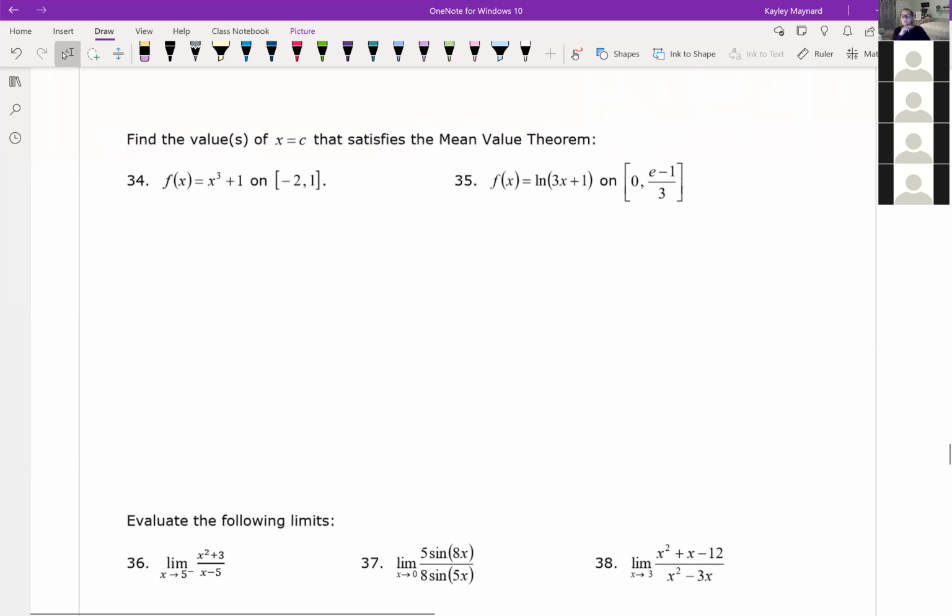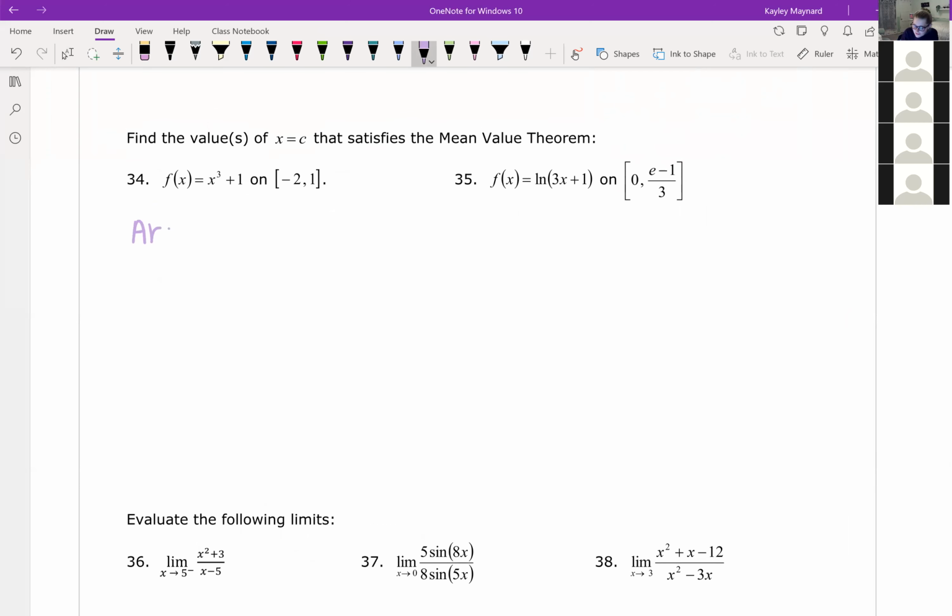Okay. So find the values of x equals c that satisfies the mean value theorem. So for 34, we're given f of x is equal to x cubed plus 1 on this interval. So obviously to do this, you got to even know what the mean value theorem says. And if you think back to when we talked about the average rate of change, we used to do, I think that's my abbreviation, ARC.